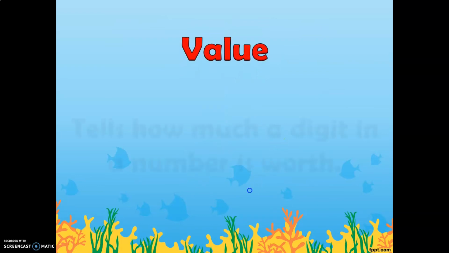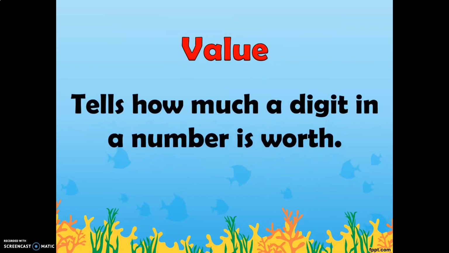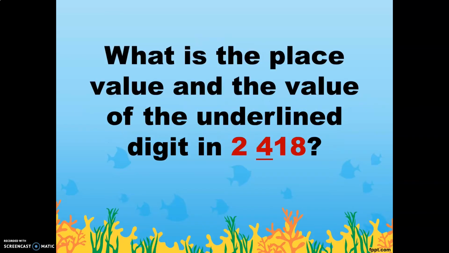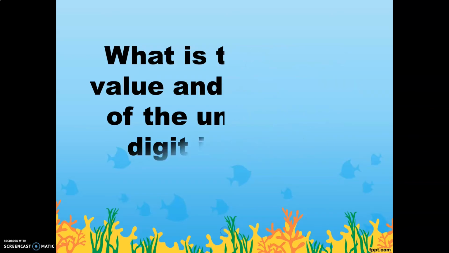When you say value, it tells you how much a digit in a number is worth. To understand better what place value and value are, let's take a look at these examples. What is the place value and the value of the underlined digit in 2,418? To know the place value of the underlined digit, let us use a place value chart.